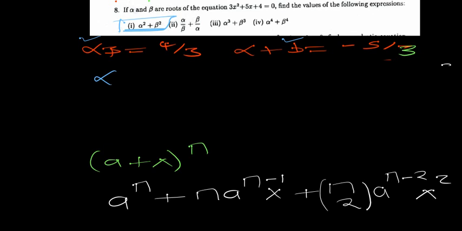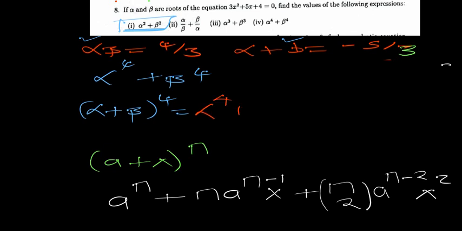Where you understand that one starts with a maximum power, the other one starts with a minimum power, right? So if we're going to put this in the brackets, alpha plus beta to the power 4, we understand that the first expression, we can choose to start with alpha, so we'll have alpha the maximum power, and then we'll be using now the binomial to come up with the coefficients.